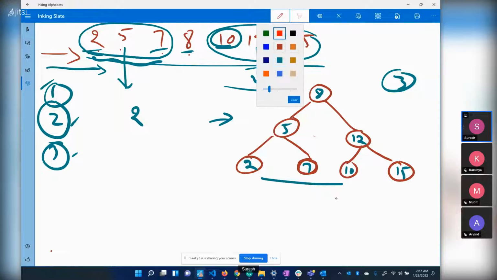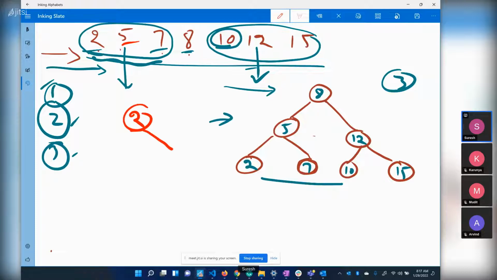In the worst case, let's talk about the drawbacks. If you start with 2, you need to put 5. You cannot put 5 on the left side. You have to put 5 on the right side, and then go to 7. 7 has to be put here. Aravind, you know the rule of the binary search tree, right?